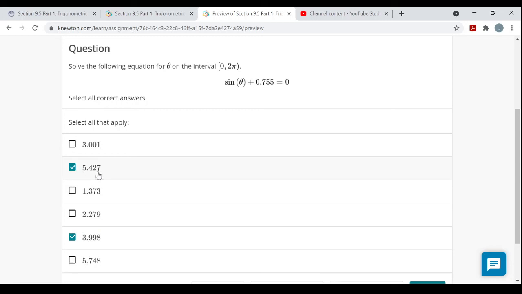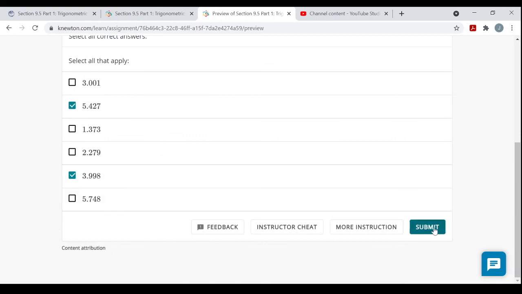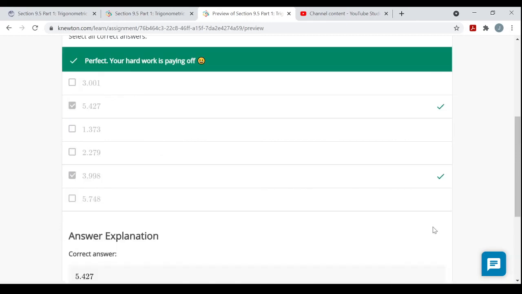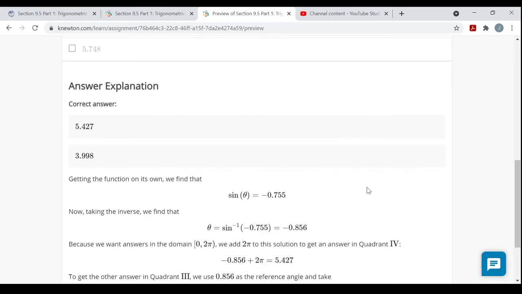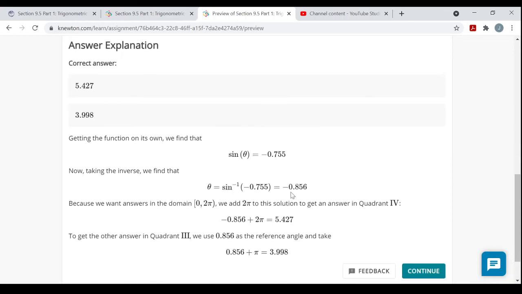And those are the only two solutions I could find, rounded to 3 decimal places, that are in the range that they want, in the interval from 0 to 2 pi. And again, please read. See, they rounded right away and then used that rounded value. That's how they got a little off of what I did, because I didn't use the rounded value. I used the inverse sine, the whole thing.